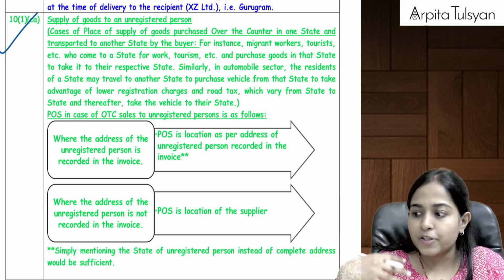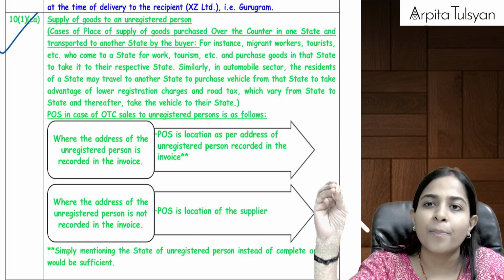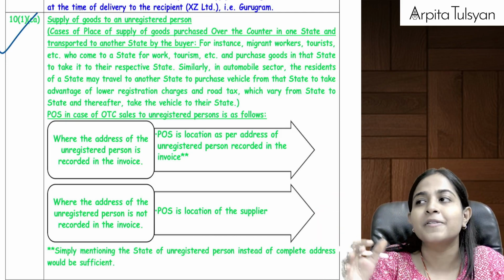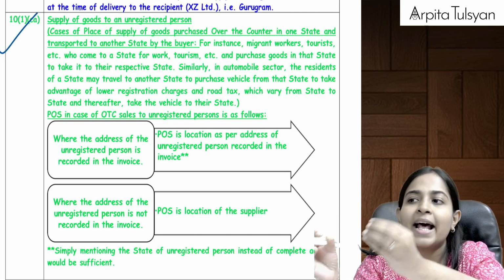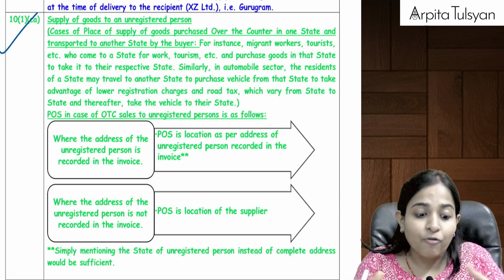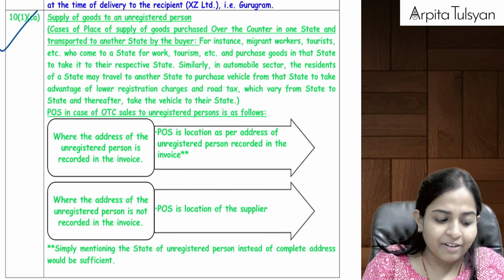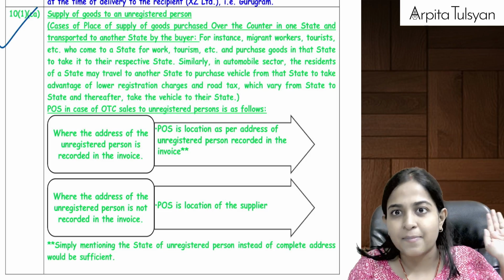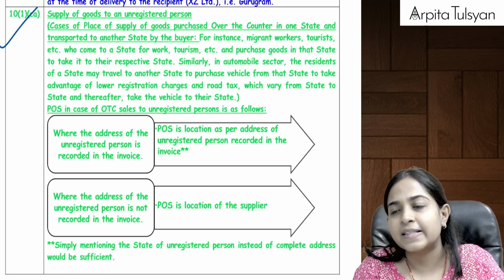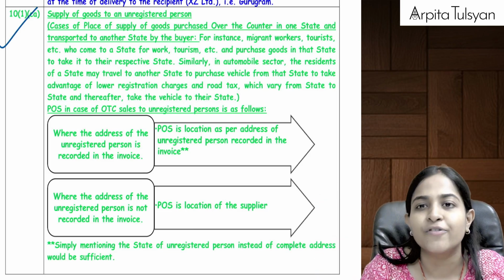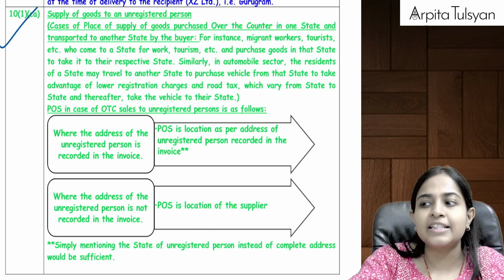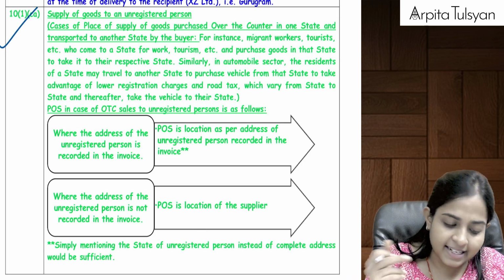Let's say a person from Maharashtra, an unregistered person, goes to a Croma shop in Chennai and purchases something from there. Then what will be the place of supply? My actual place is Maharashtra, but I am doing the purchase in another state. So what will the Croma store put in the invoice: CGST, SGST, or IGST?